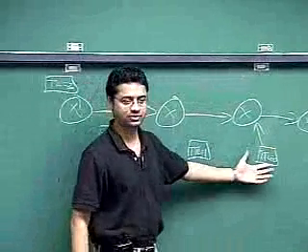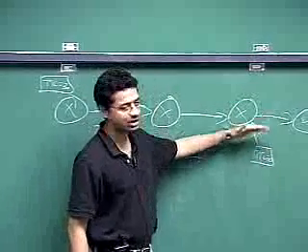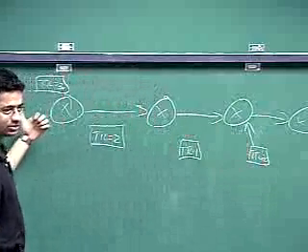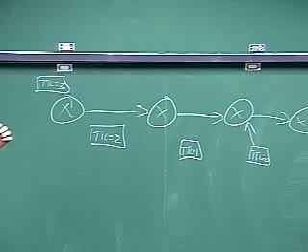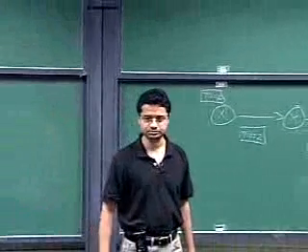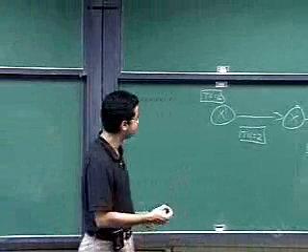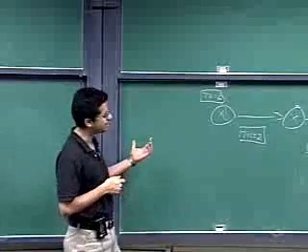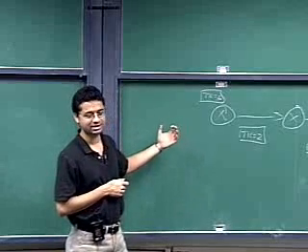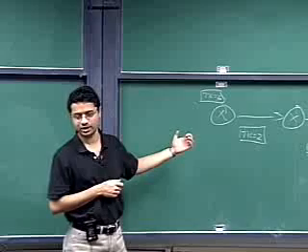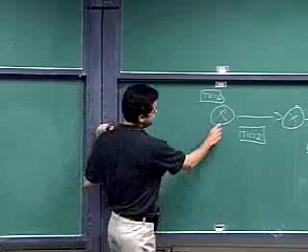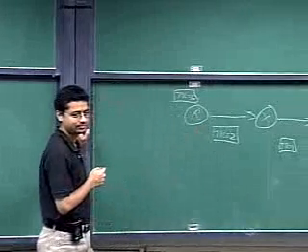When TTL becomes 0, this router not only drops this packet, but it will also send back an ICMP packet to the source with the code 11 that TTL has expired. Now what traceroute does is it starts sending out a sequence of packets with increasing TTL starting from 1. So it will send out a packet with TTL 1. That packet has to be dropped by the first router.